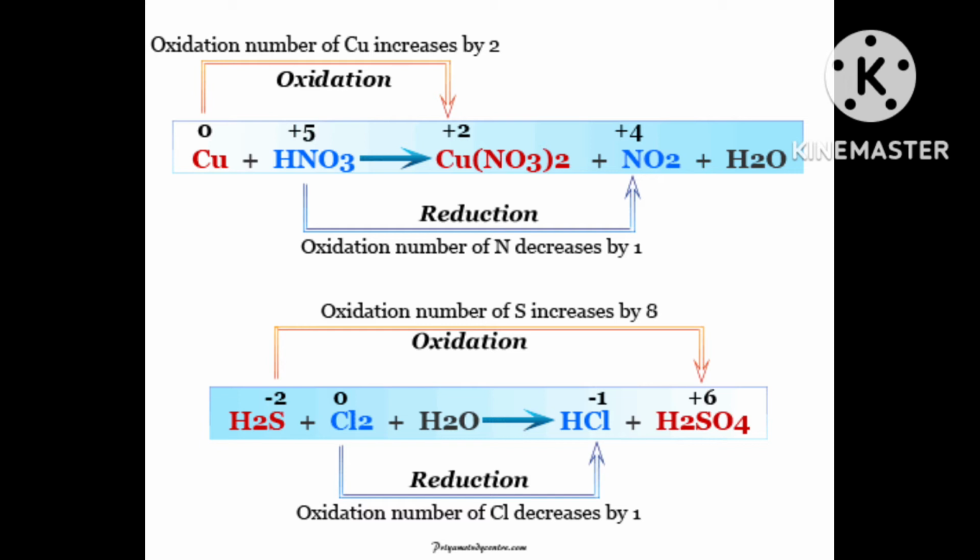Now on the right side, let's see how it was affected. 2 chromium were there, each chromium plus 3, so 6. Plus 3SO4, where each sulfur is plus 6. 3 sulfur means 3 into 6, 18. Then 18 plus 6, 24.